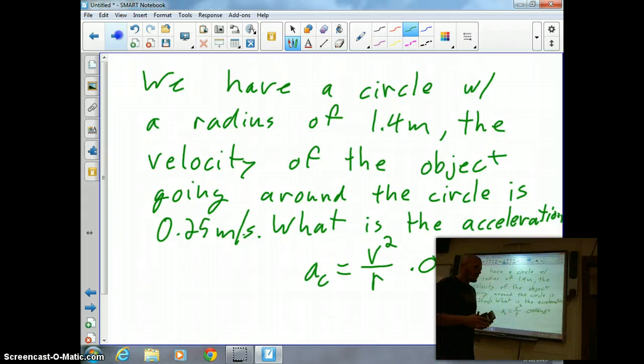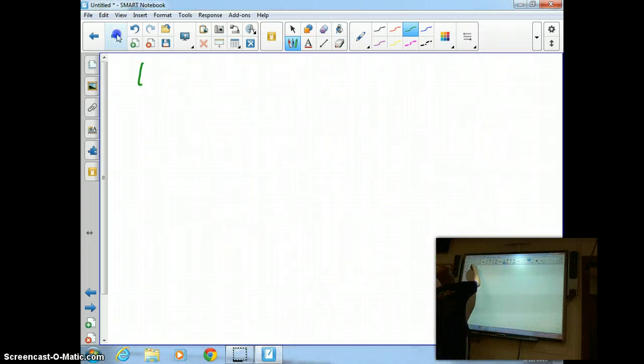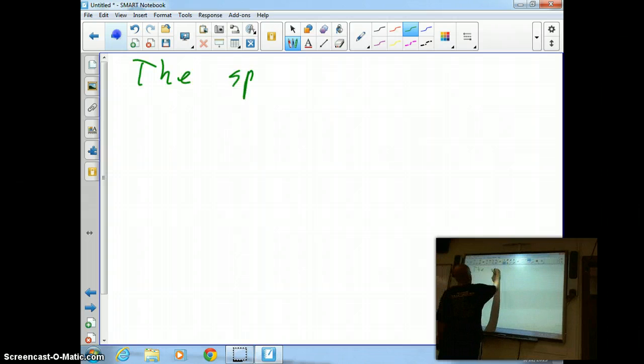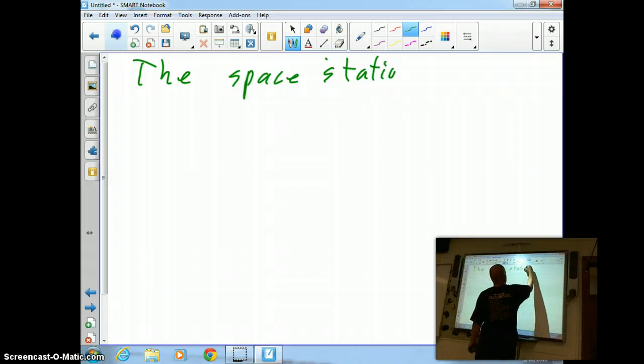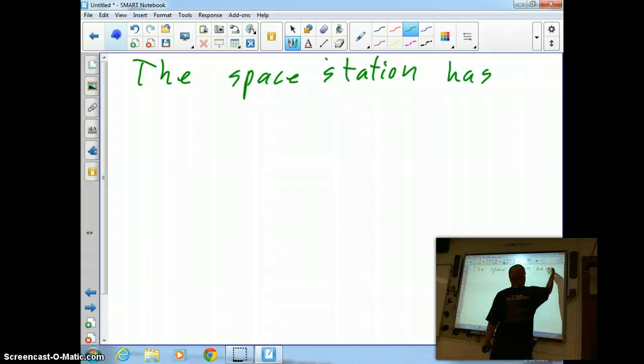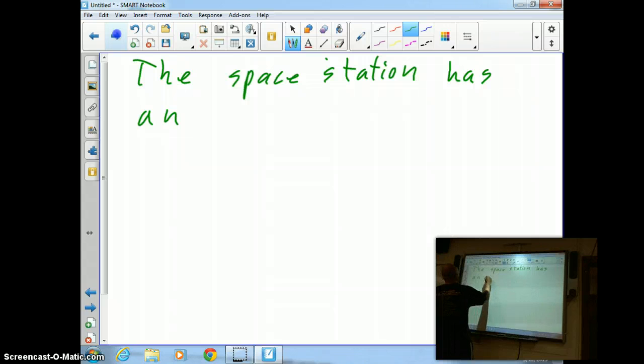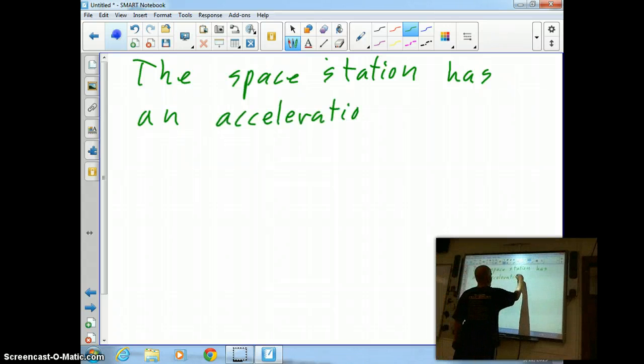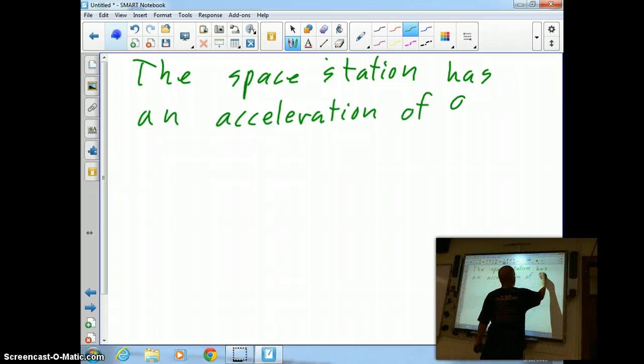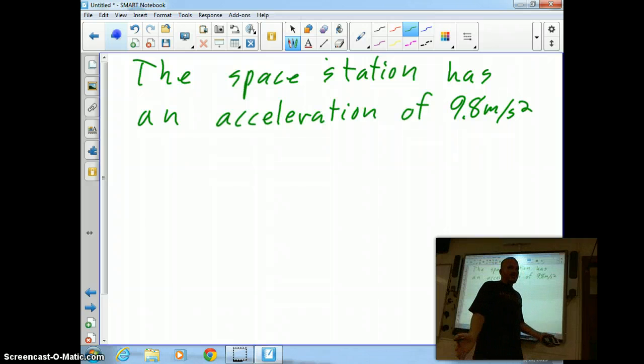Now, let's look at one more. The space station has an acceleration of 9.8 meters per second squared. We know that's acceleration because what's holding it in orbit? Gravity.